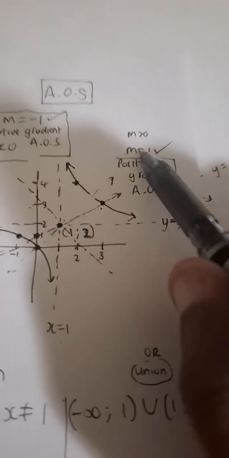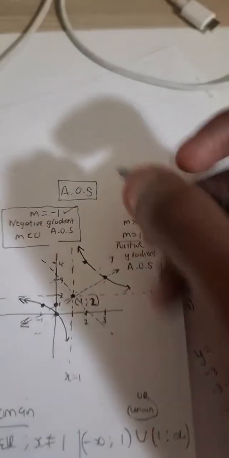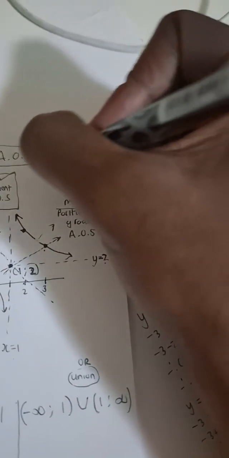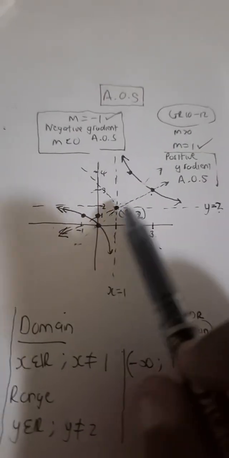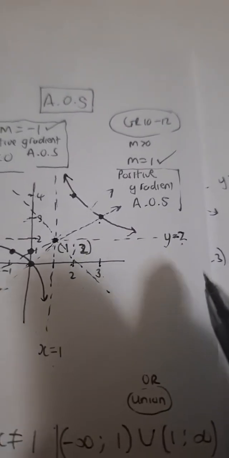And because it is a positive gradient axis of symmetry, we know that the gradient of any axis of symmetry within the confines of grades 10 to 12 in the high school context will always be m is equal to 1, or the gradient will always be positive 1.